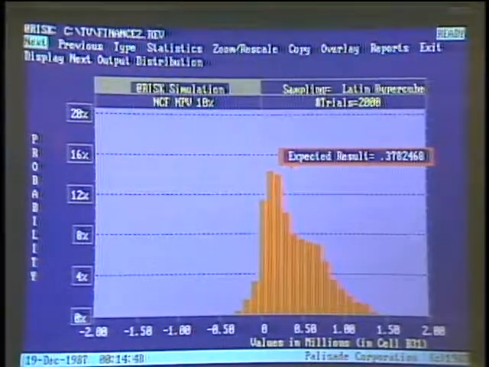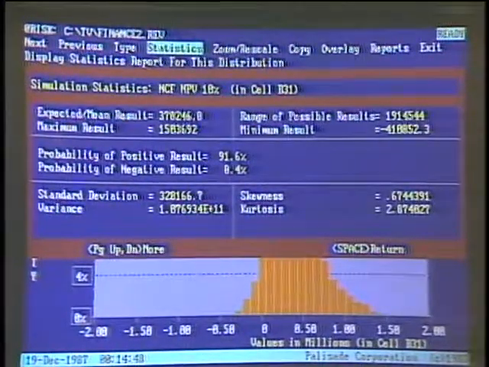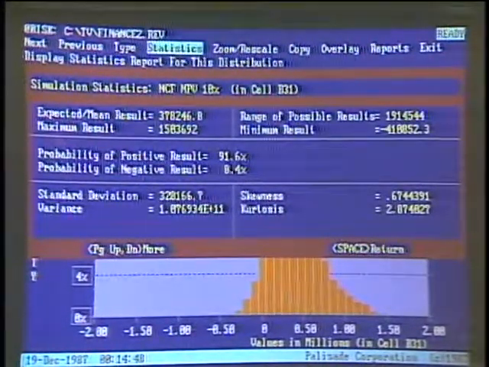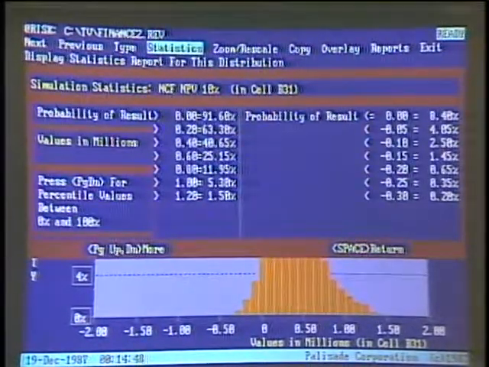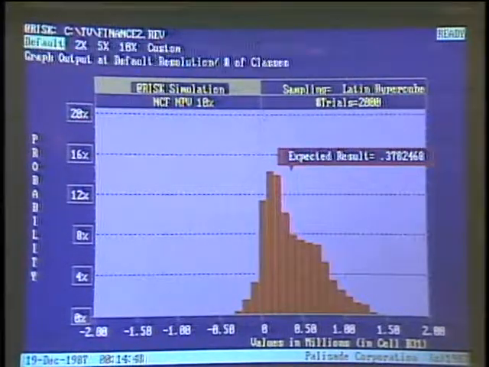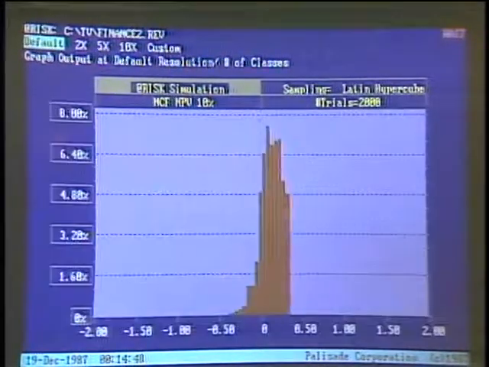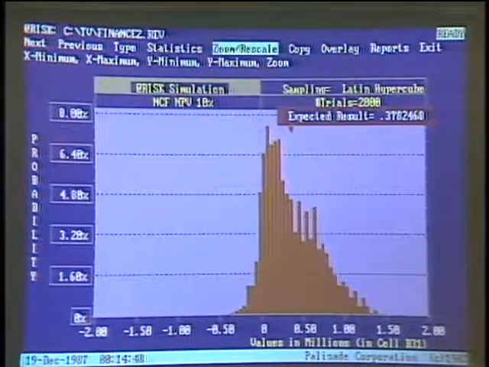Now, At Risk does more than just give you nice graphics for a distribution. It also gives you a lot of supporting statistics, such as minimum, maximum, mean, and higher moments, and plenty more. In addition, you can also go in and change the appearance of your graph. What I'm going to do here is increase the number of bars. This lets you control the level of detail that you're going to view.